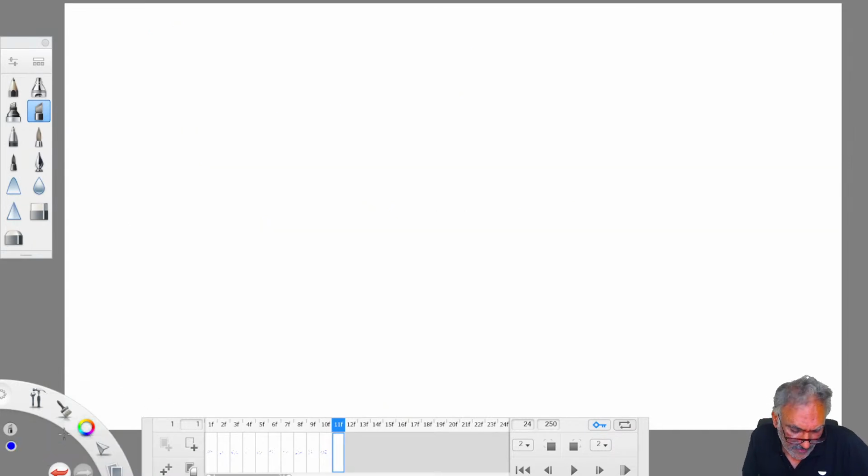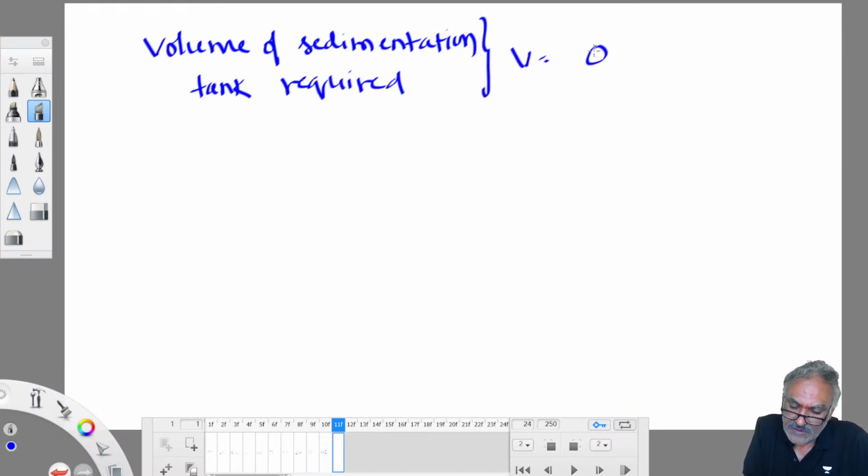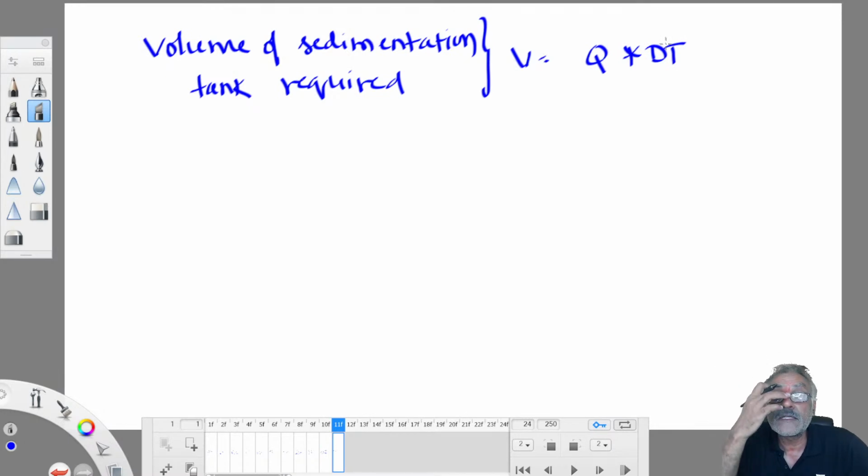So we have been asked to find the volume of sedimentation tank. So volume of sedimentation tank required is equal to Q into detention time. If you multiply Q with the detention time, we will get the volume of sedimentation tank.